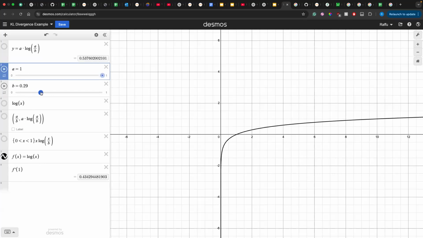Well, if the generator is pretty bad, and it's pretty confident that that's not an image, you can see that the KL divergence for that single term is 0.7, right? And the more far off the discriminator gets, the higher that KL divergence term goes, right? Does that make sense?